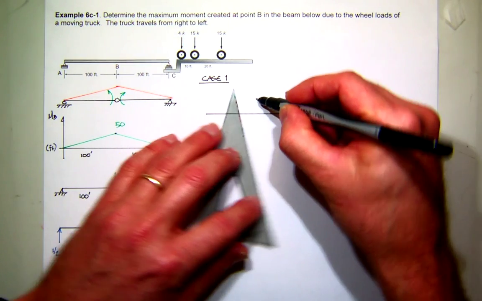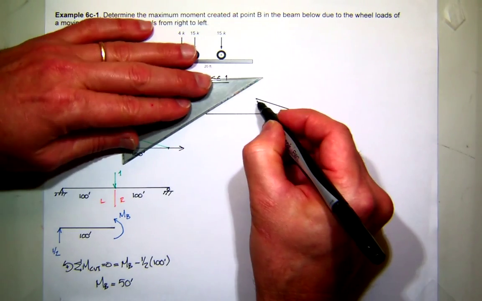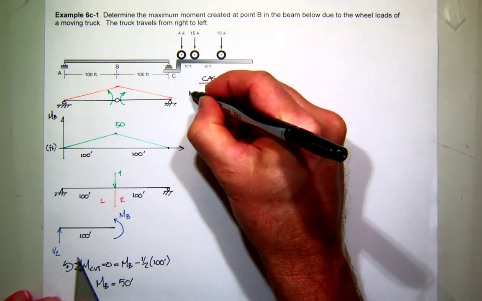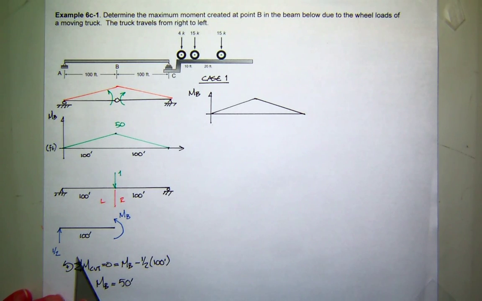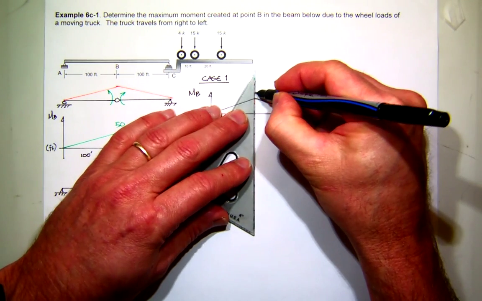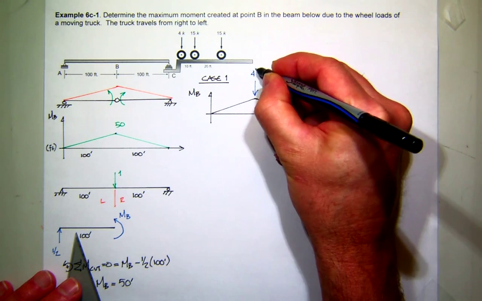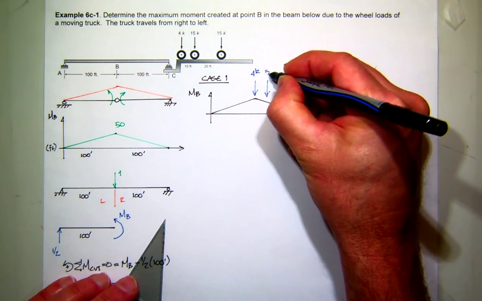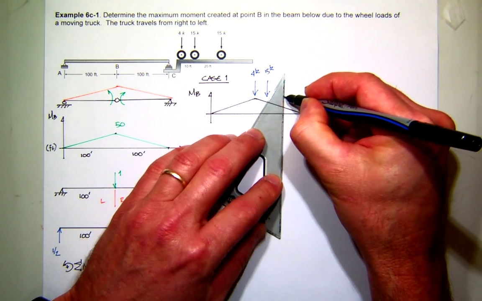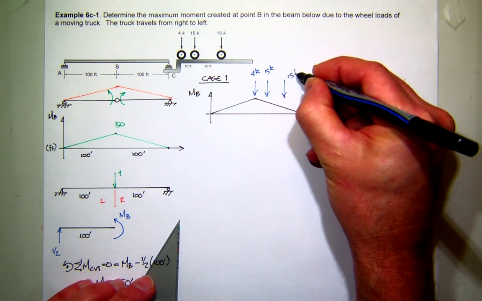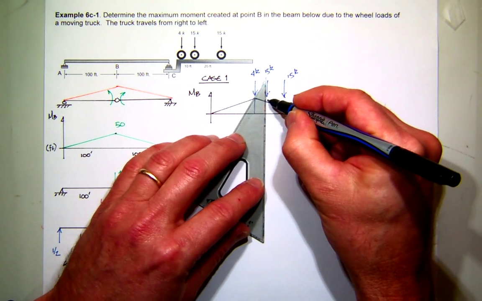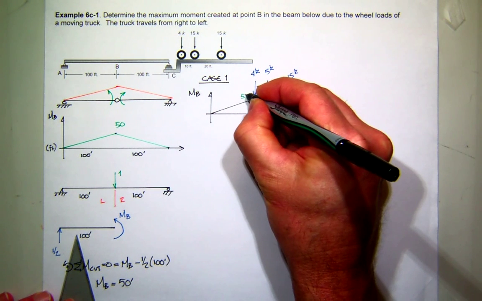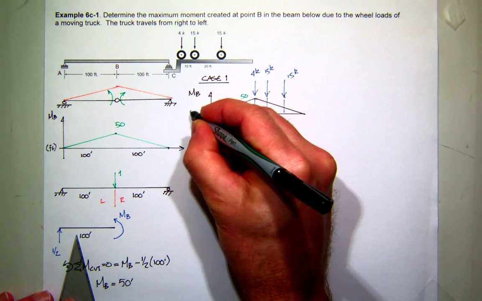Give me a second to redraw my influence line for the moment at B, and I'm going to bring that first load, the 4-kip load, right to the top, and then 10 feet back would be the 15 kip load, and then another 20 feet back would be the next 15 kip load. So I'm looking for values at these locations. So I know this one is 50. By the way, those units are in feet.